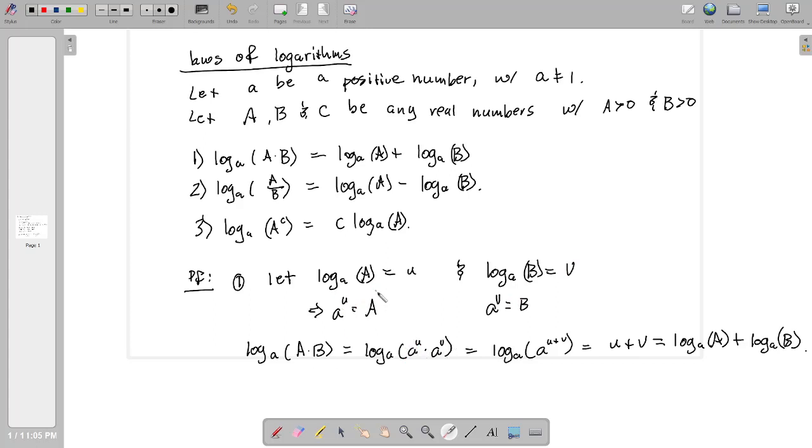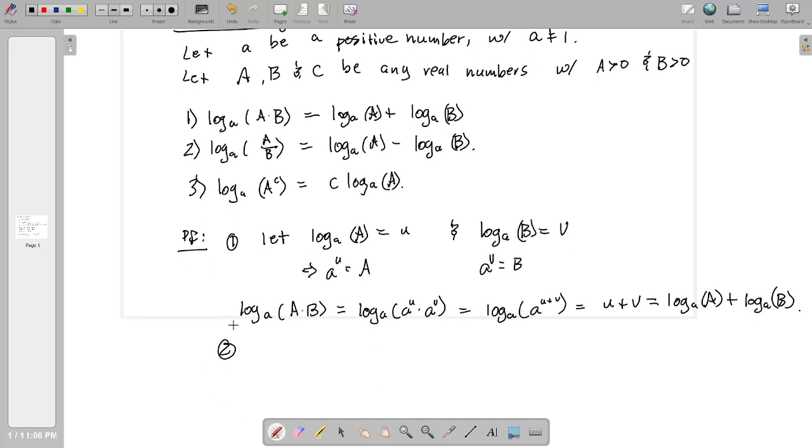Now when you see your capital A times your capital B, and they multiply here, we're adding the respective exponents. And then we simplify a little bit and we get this. Basically, if we have two things with the same base and we multiply them, then we add their respective exponents.